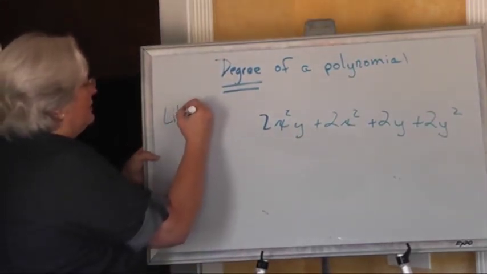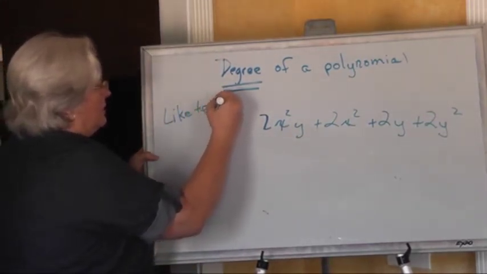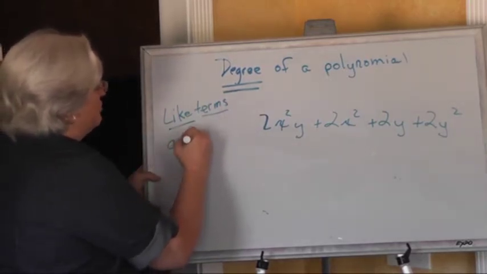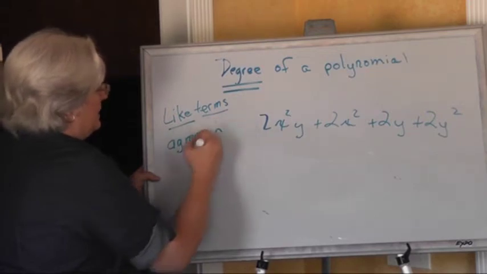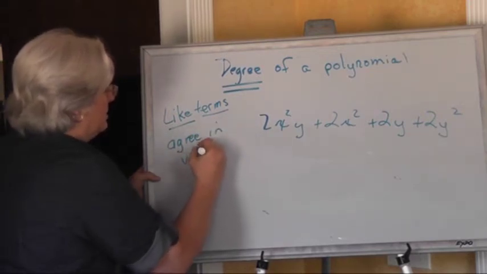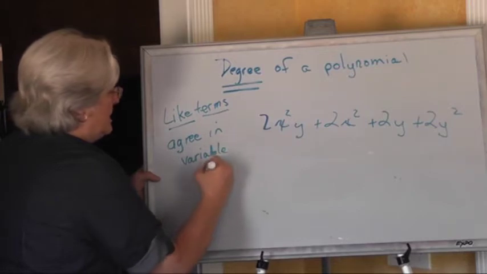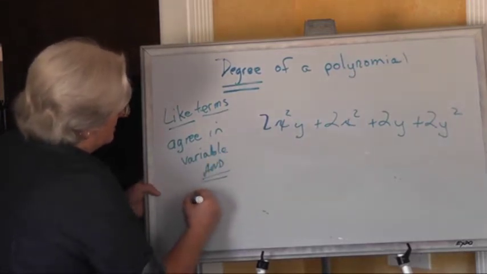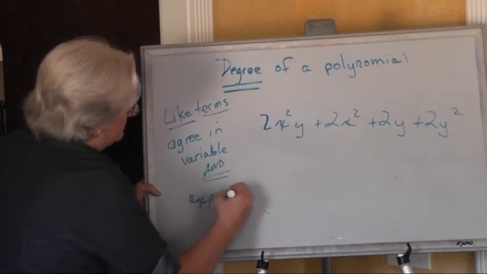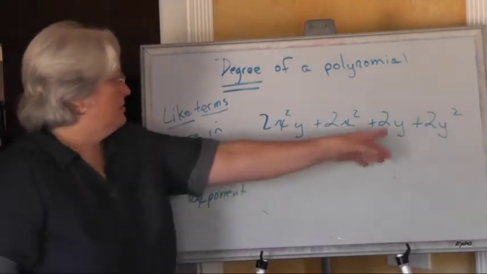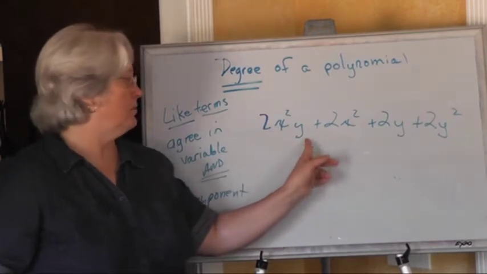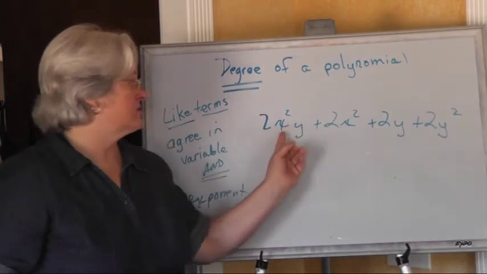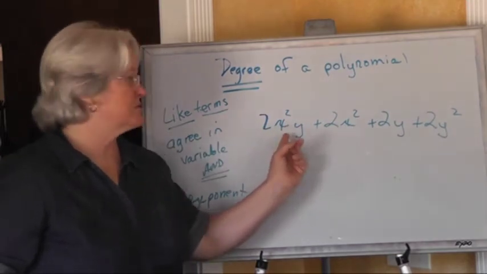So if you're not really clear on what like terms are, they agree in variable and exponent, or power. So we have x squared y. We only have an x, only have y's. So there are no terms that are like terms to this.